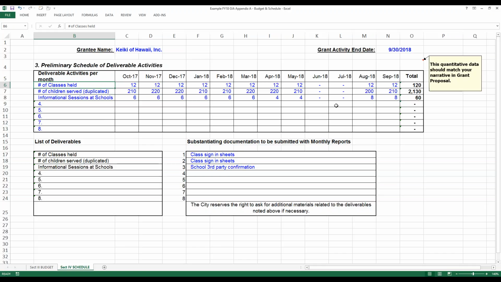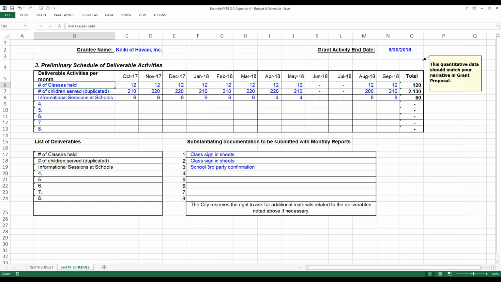Yes, I think so, as long as you can justify that that staff did continue to work on the activities for the next month. And this is something you may also want to discuss with your project officer once the time comes for reporting and contracting.